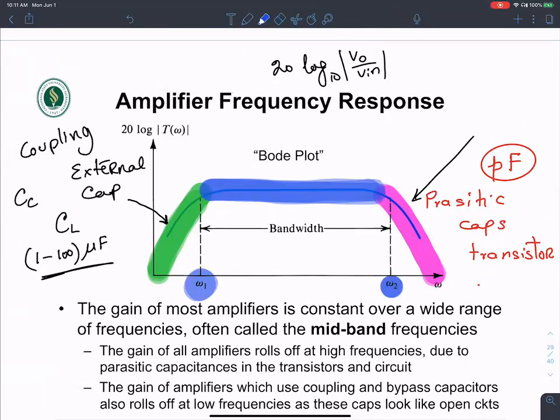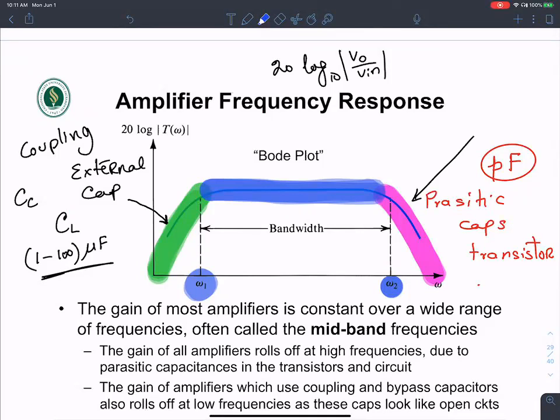There is one RC at a really low frequency, omega 1, coming because of the R and C at really low frequencies, and there is an omega 2 at high frequencies that is coming because of parasitic capacitances. The difference between these two is defined as the bandwidth. Numerically speaking, the difference between omega 2 and omega 1 is the bandwidth.